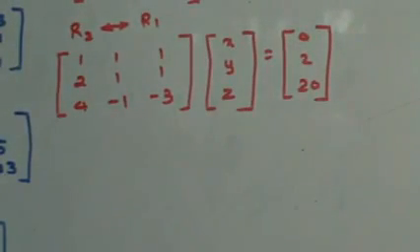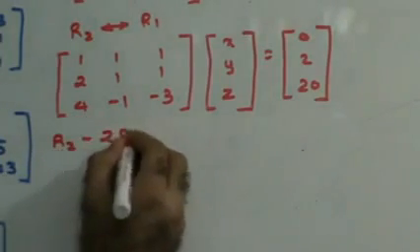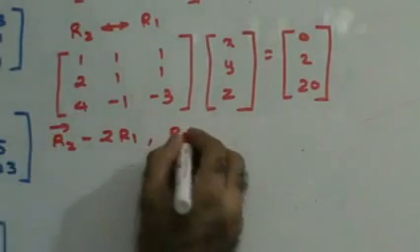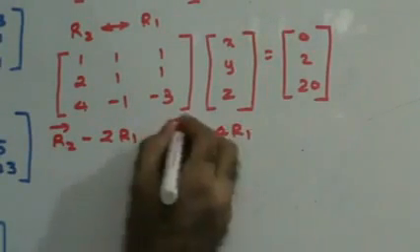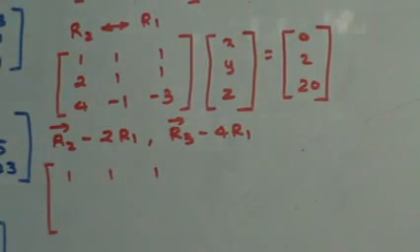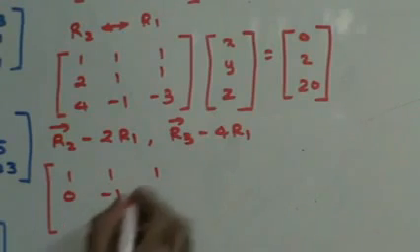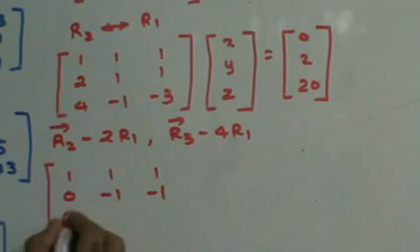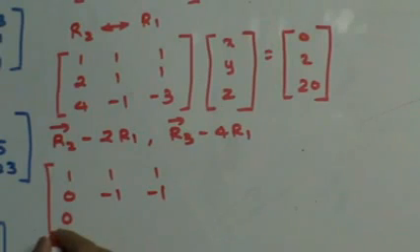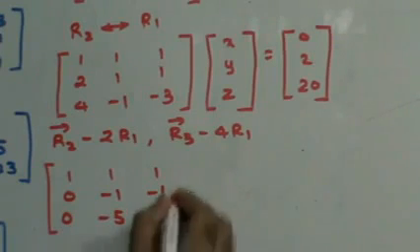Now I need to have the numbers in the second and the third position as 0. So R2 minus 2R1, R3 minus 4R1. In that case, the first row is 1 1 1, and for R2 minus 2R1, 2 minus 2 is 0, 1 minus 2 is minus 1, 1 minus 2 is minus 1, and for R3 minus 4R1, 4 minus 4 is 0, minus 1 minus 4 is minus 5, minus 3 minus 4 is minus 7.